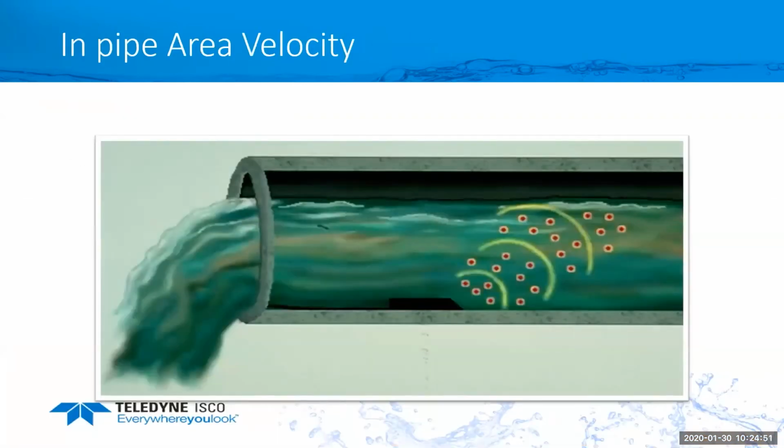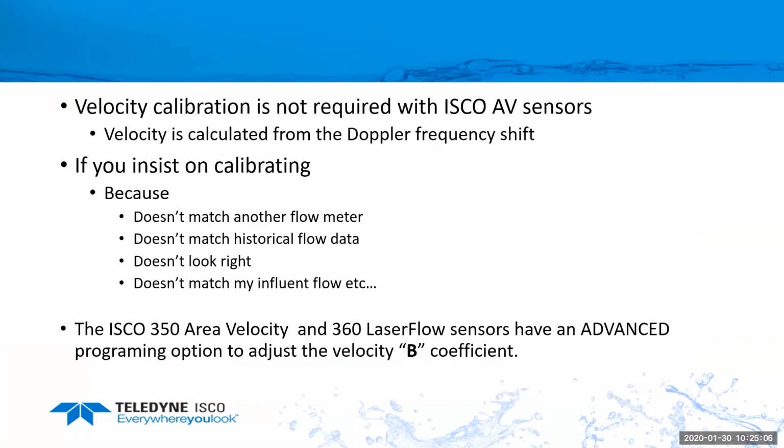Another example of that is we have our AV sensor in the pipe with the pressure transducer to read the depth of the water. It fires a 500 kilohertz signal, bounces off all the particles and air bubbles in the water to give us an average velocity from that frequency shift. But the question was, how do we calibrate velocity on an AV sensor?